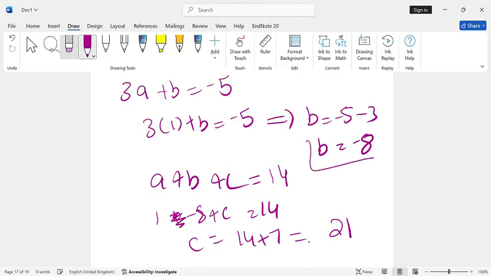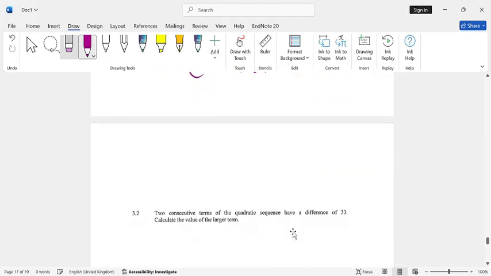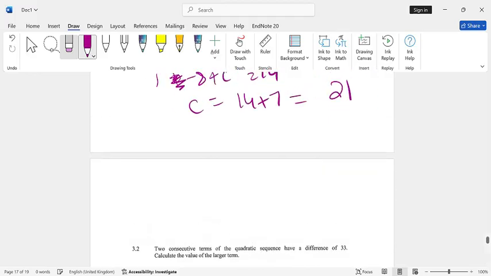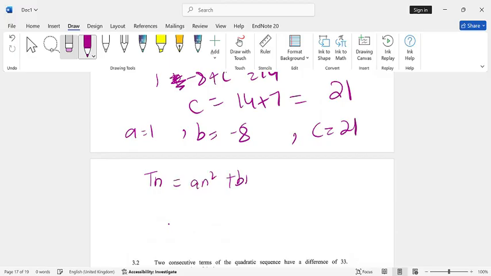All right. So how you get the value? We have the value of A is 1, B is minus 8, and C is 21. So we have a formula which is Tn equals an squared plus bn plus c.